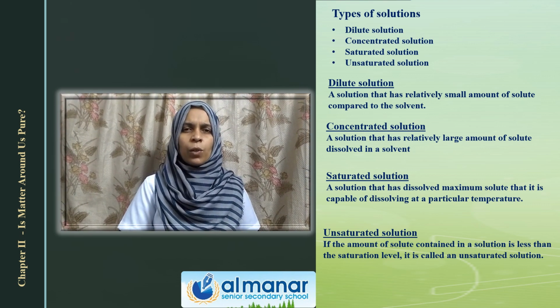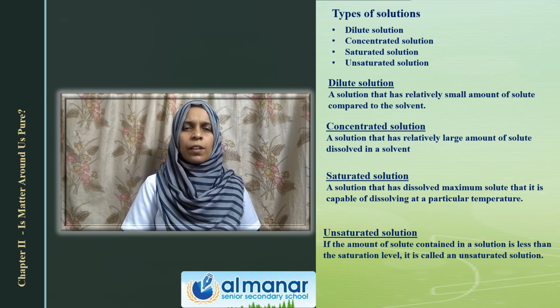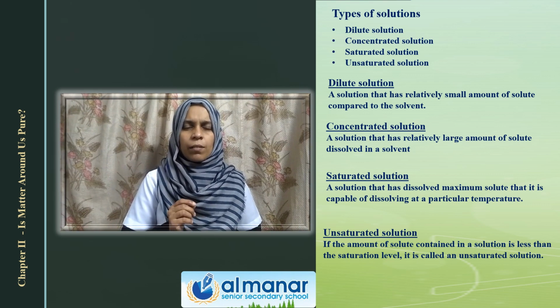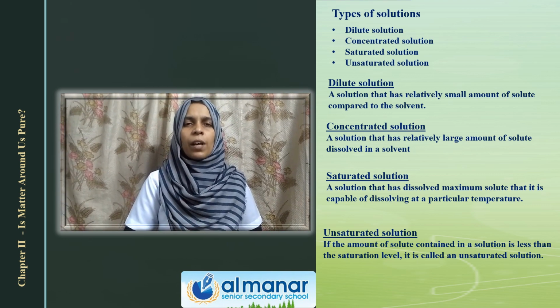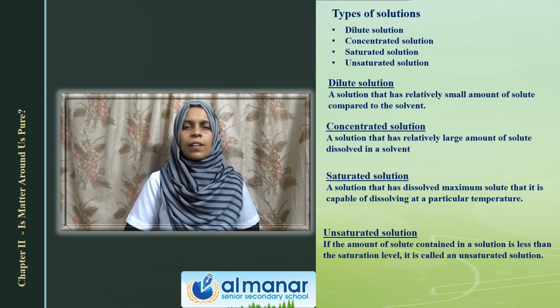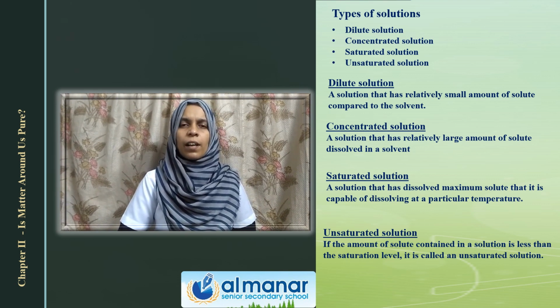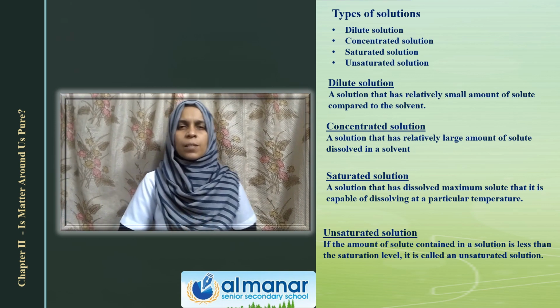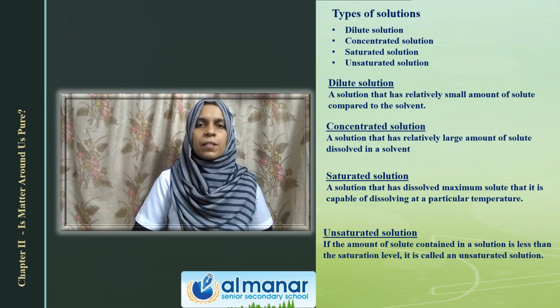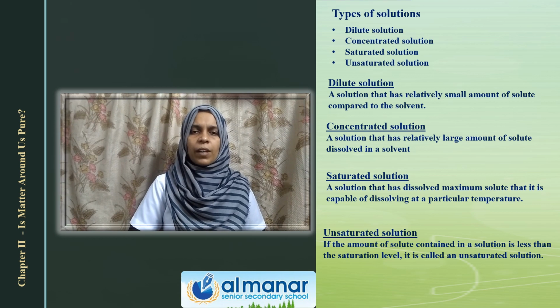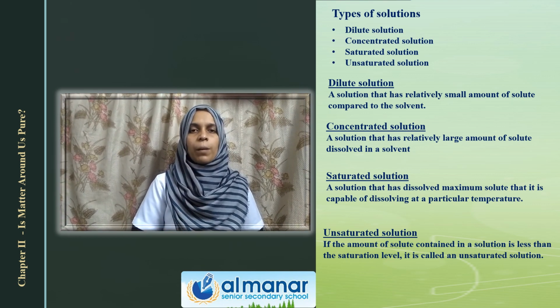If the amount of solute present in a solution is very small compared to the amount of solvent, then we can call such a solution a dilute solution. To understand this, let us go to the previous experiment of beakers A, B, C, D. In beaker A, we have taken a pinch of copper sulfate and dissolved it in 50 ml water.